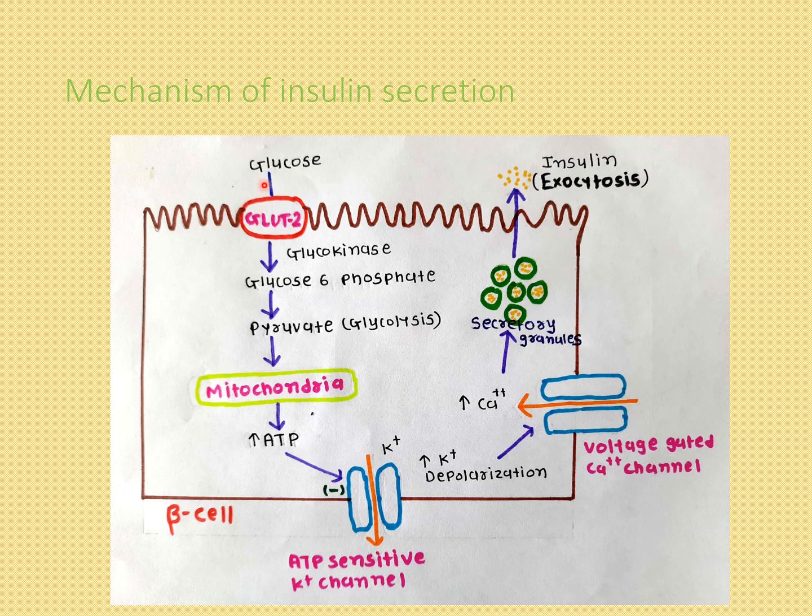So glucose enters into the beta cell, it binds with the specific glucose transporter which is located on the cell membrane and gets entry inside the beta cell. Here it gets phosphorylated by glucokinase enzyme to form glucose 6 phosphate.